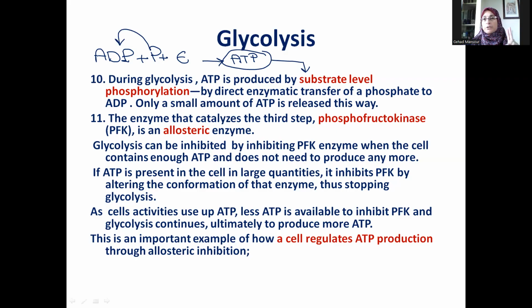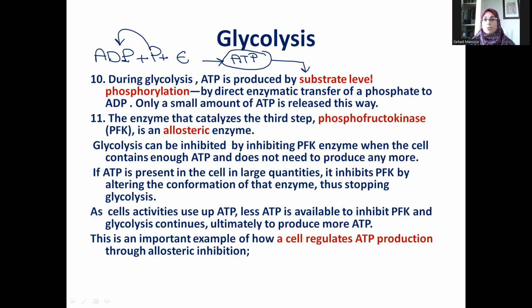Since ADP contains only 2 phosphate groups, then ATP will contain 3 phosphate groups. This direct substrate phosphorylation is called direct because it does not need the molecule to enter the mitochondrion. It can occur in the cytosol, and of course, it requires a phosphorylase enzyme or an enzyme that phosphorylates ADP.